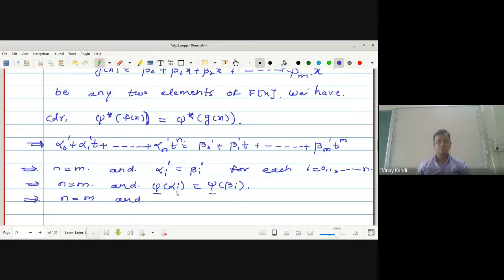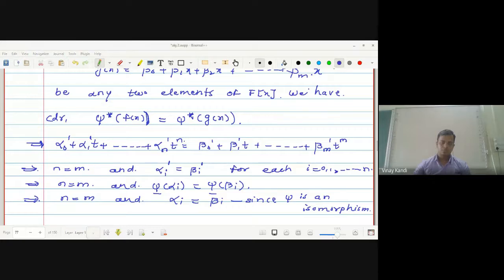So if the two images are equal, then we must have alpha I equal to beta I, since psi is an isomorphism. Any doubt? No, sir. If you have any doubts, you can ask.